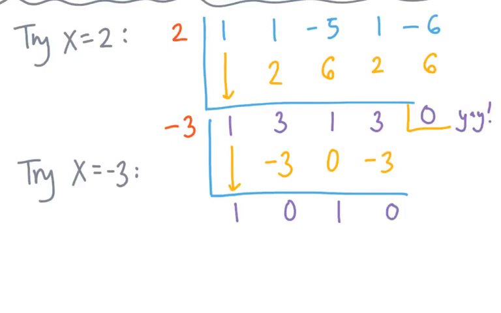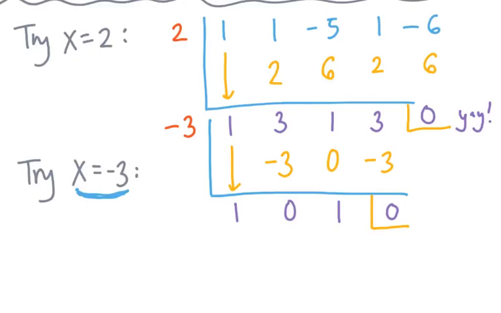So we get a 0 again, right? So this means that not only is x equals 2 a 0, but x equals negative 3 is also a 0. So again, you might not have done negative 3 next, right? I kind of skipped around in my list a little bit, but I wanted to demonstrate how we can do our synthetic division from where we left off rather than from the beginning.